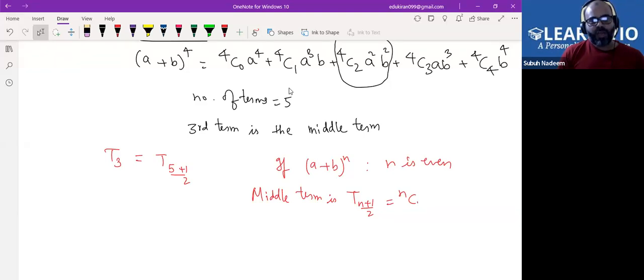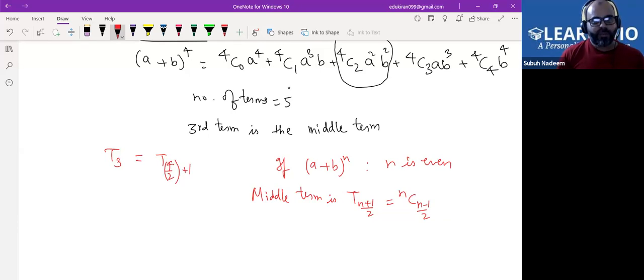What is r here, n minus 1 by 2, right? No, no, sorry, I made a mistake here. The index is 4 now. The index is not 5, the number of terms is 5. So you will write it here 4 by 2 like this plus 1.